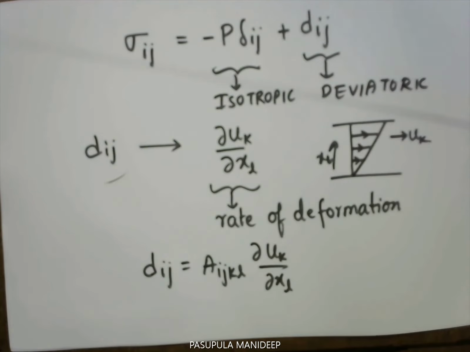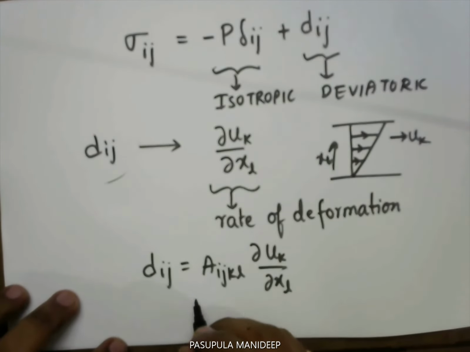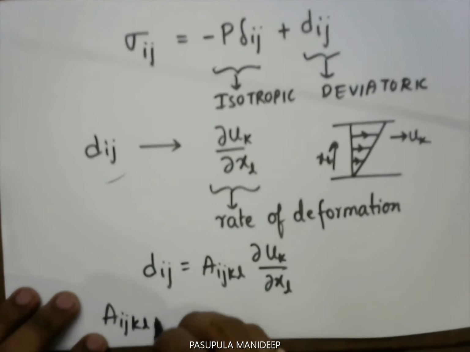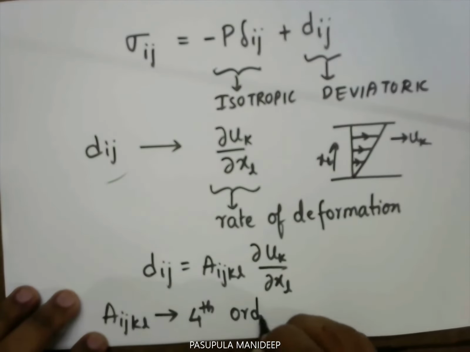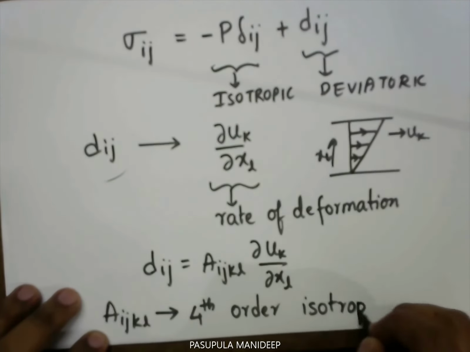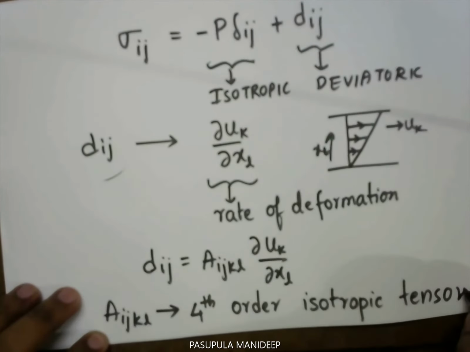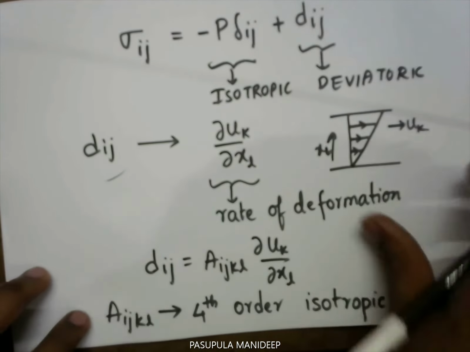So if we assume that, A_ijkl becomes the fourth order isotropic tensor.